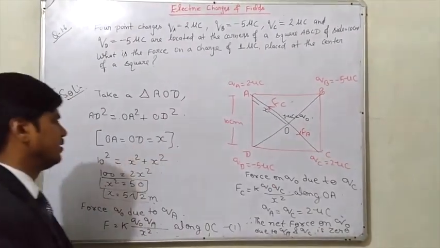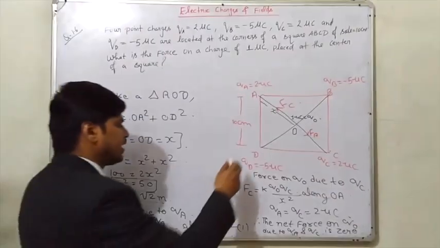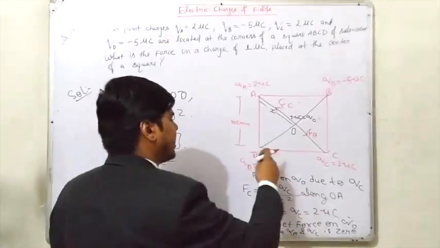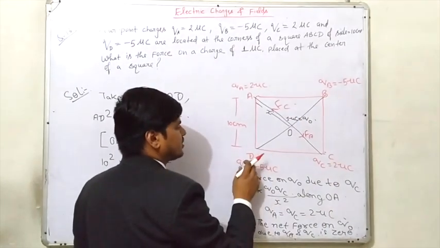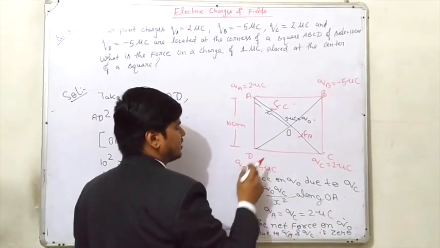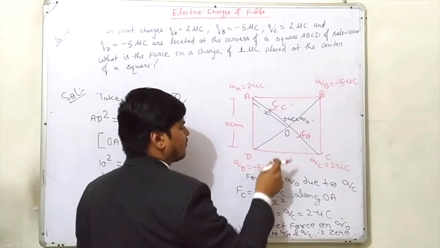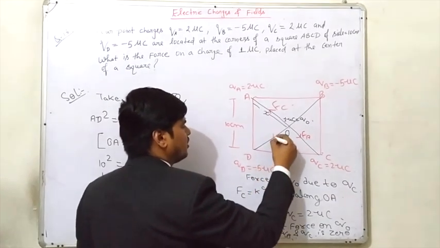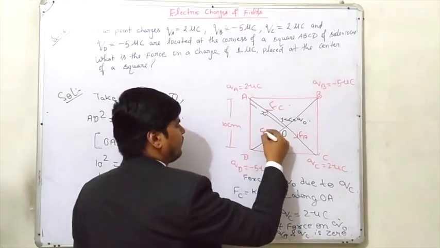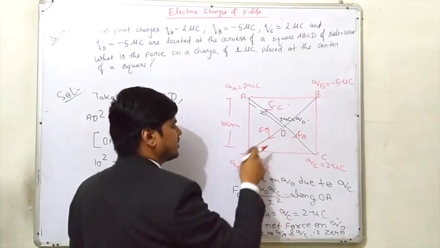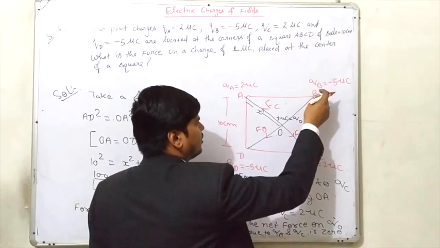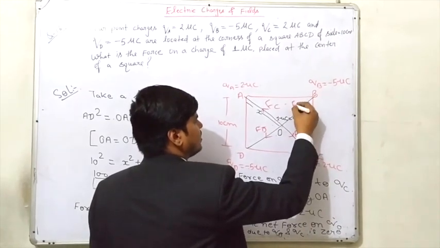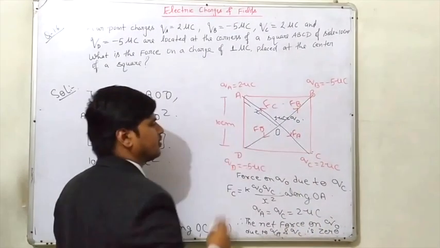Okay students, similarly you take the example of this diagram. This is the vertex D, this is the vertex B, and due to the vertex D, the charge is Q2 equal to minus 5 microcoulomb. The force due to D, FD, the direction of force is towards the D point, and the direction of force due to B is towards the B point.